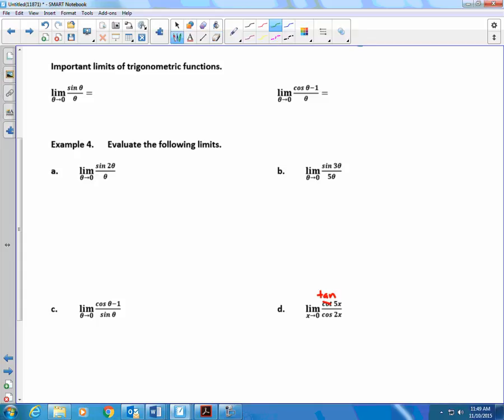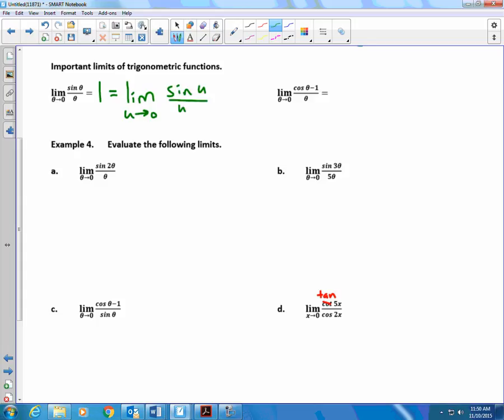And it says important limits of trigonometric functions. So we're going to bring up that which we did last week. Do you remember what the limit is? Theta goes to 0 of sine of theta over theta is 1. Very good. We proved that last week using the sandwich theorem. Now, there's something else that we can say that's the same as the limit as u goes to 0 of sine of u over u.